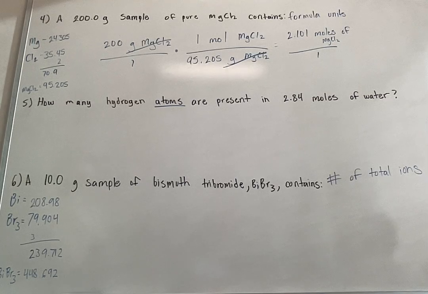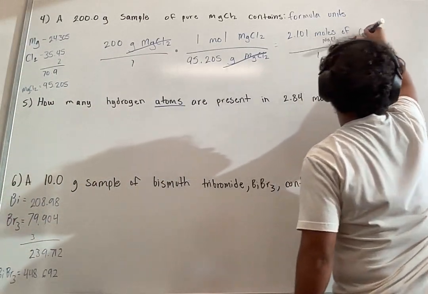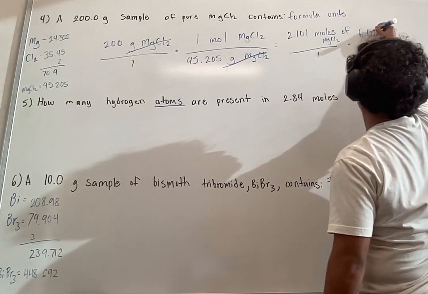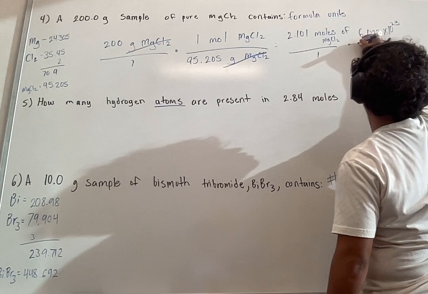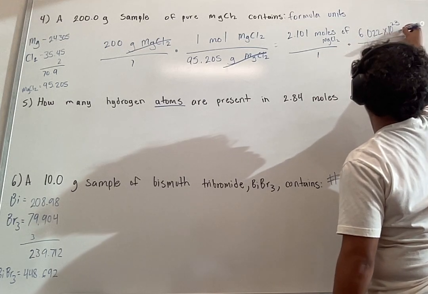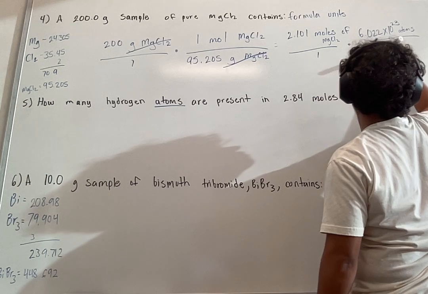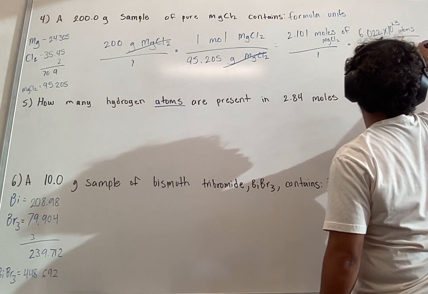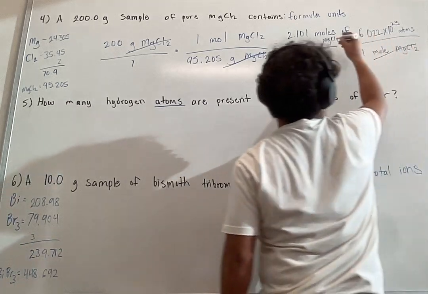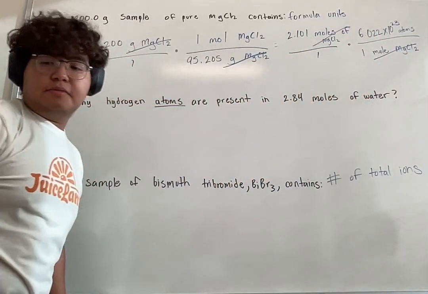So if you do that, 2.101 times 6.022 times 10 to the 23rd atoms over 1 mole MgCl2. Well, we can see the moles cancel out, and we end up with how many atoms?